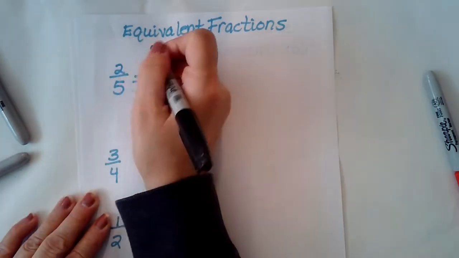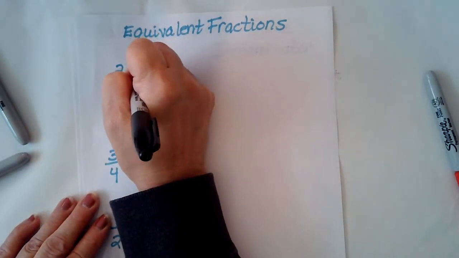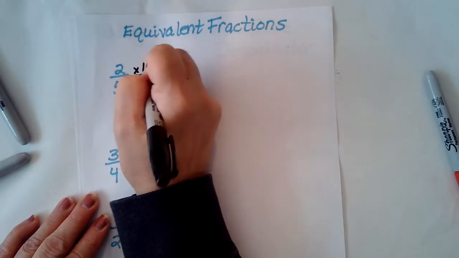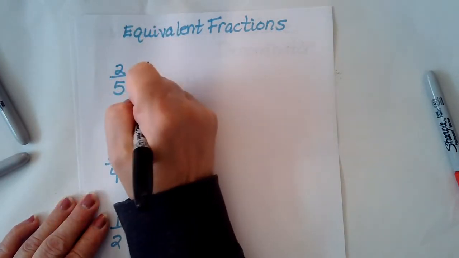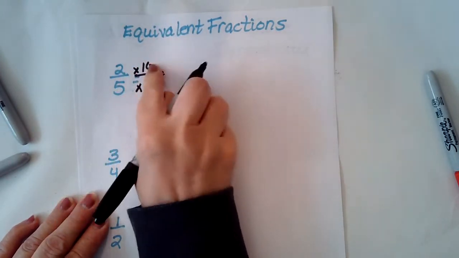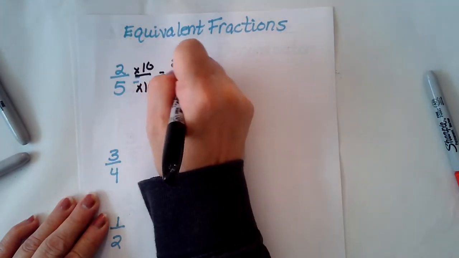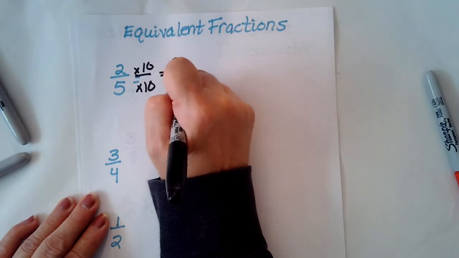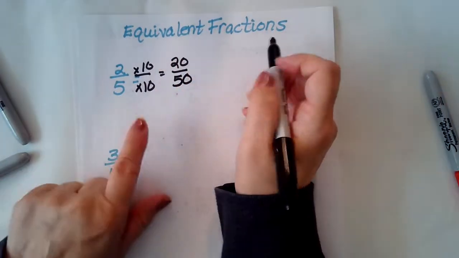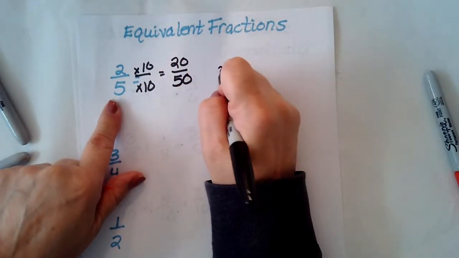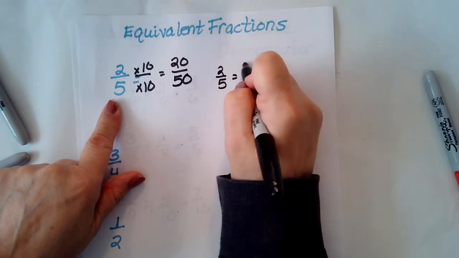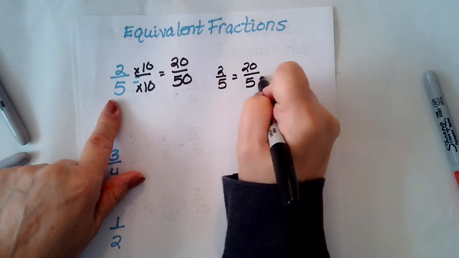For example, I'll just choose the number 10. So I'm going to multiply the numerator by the 10 and the denominator by 10. They have to be the same number. 2 times 10 is 20, and 5 times 10 is 50. So now we've just made equivalent fractions. 2/5 is equivalent to 20 50ths.